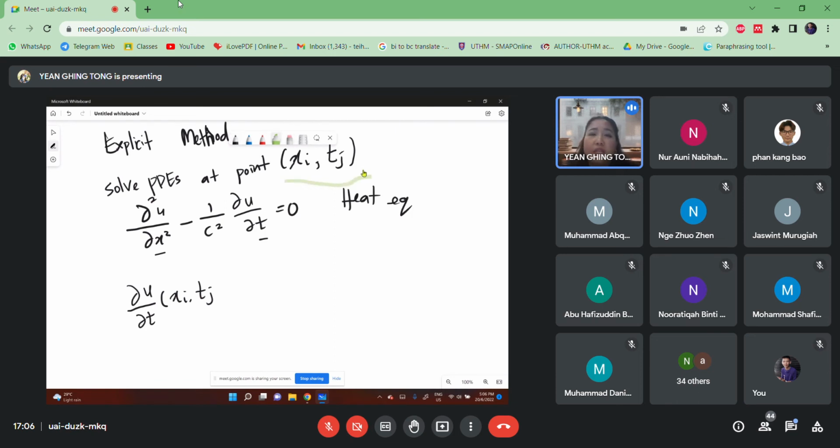So I write it here like this. I bring this to here, bring left, bring right, and then we will get like this. C square, oh sorry, this is square.